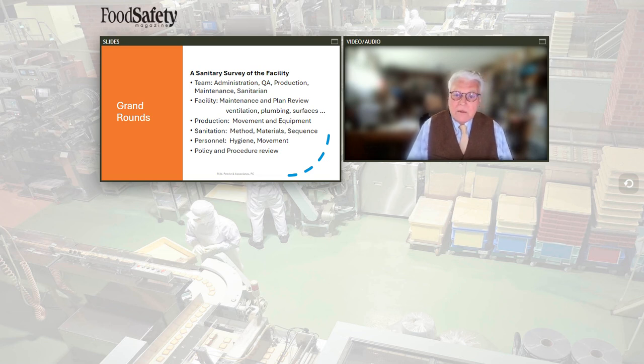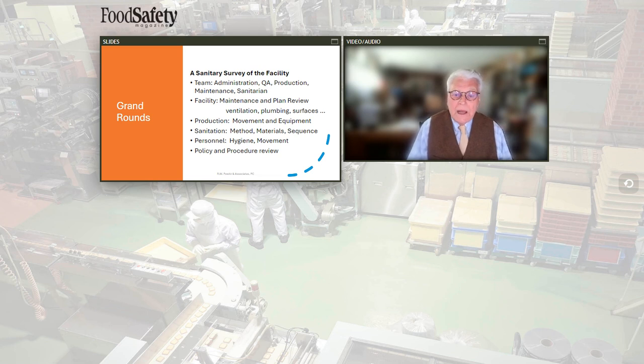So just monitoring the movement, mapping that out, looking then at the methods, materials, and sequence of sanitation, oftentimes because of clean in place, we'll find that cleaning one item will contaminate another or contaminate the space that it's in.